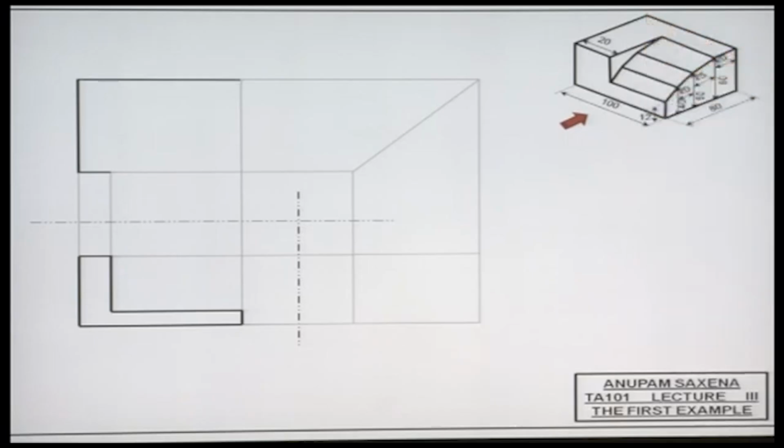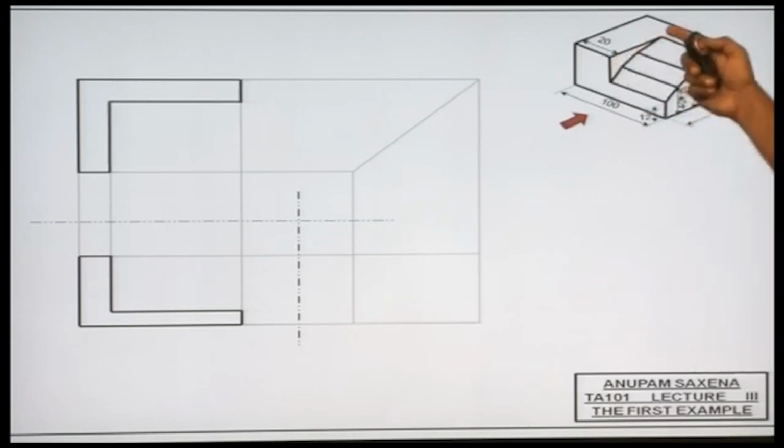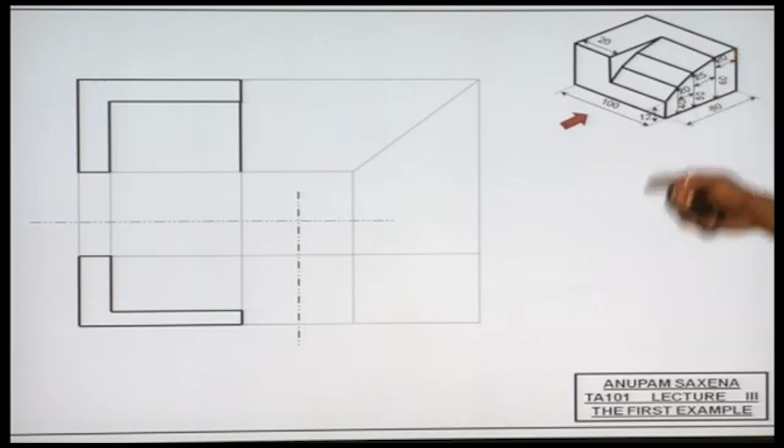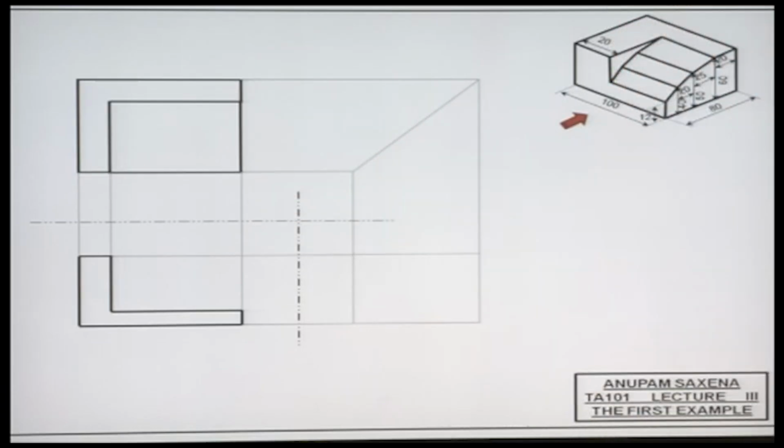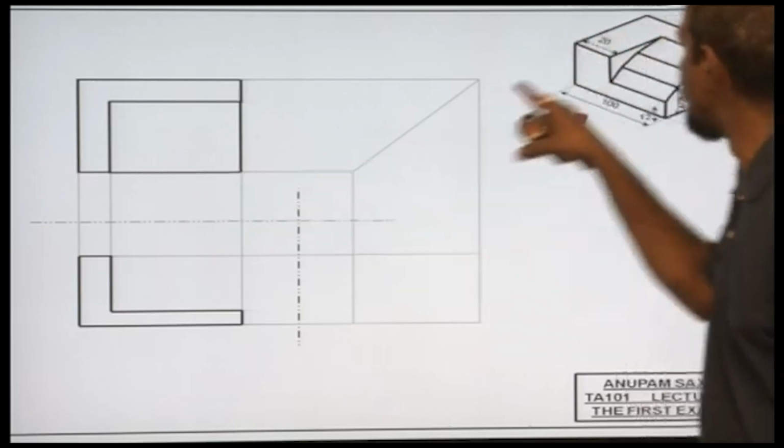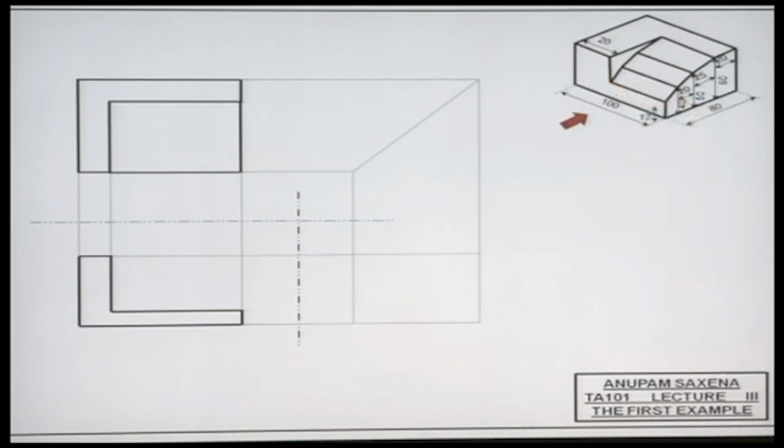Shown this edge here, this edge here, this edge, and then I'm going down from here to here, this edge. All right, and then of course this edge is going to show like a vertical edge in the top view, and of course this entire thing. So this edge would be this and this together.